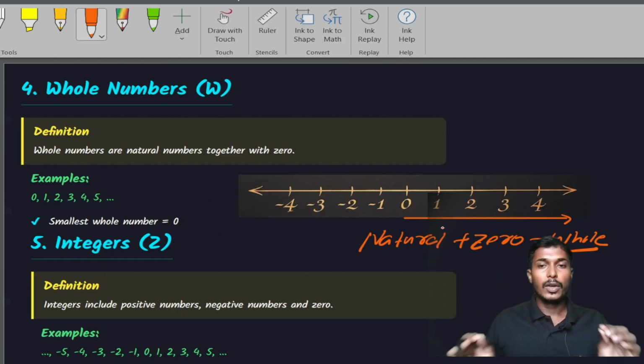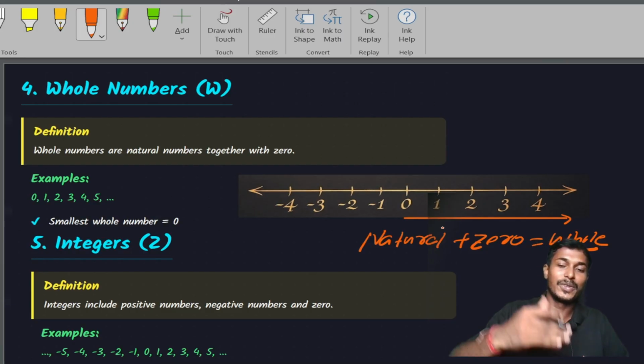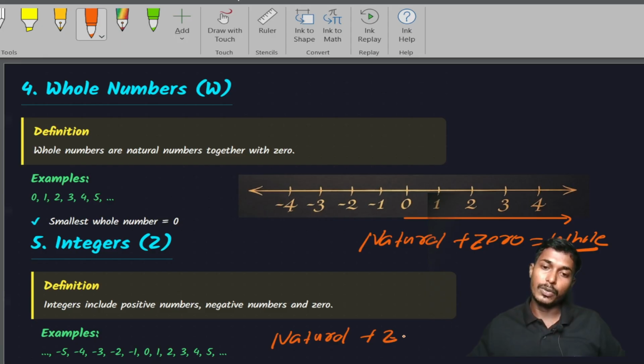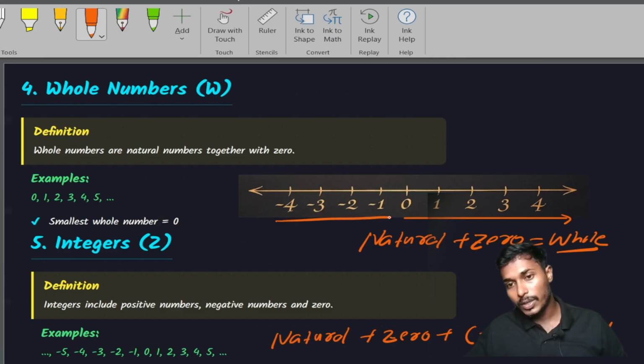Is that thing clear? Now let us talk about integers that we showed on the second slide. What is an integer? Natural numbers plus 0 plus the negatives of natural numbers will be termed as integers.